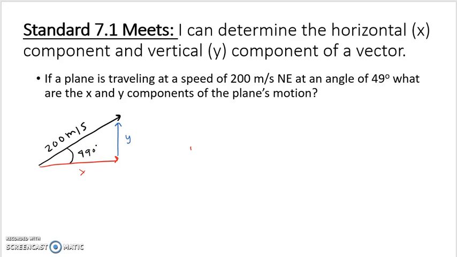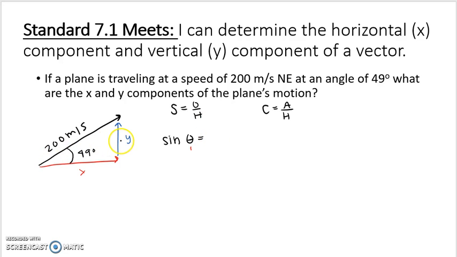The next step is to solve for what the x and what the y component are. In order to do that, we need to use SOHCAHTOA. So to use SOHCAHTOA, the first thing I'm going to do is write down what I know. The sine of my angle, in this case theta, is equal to opposite.